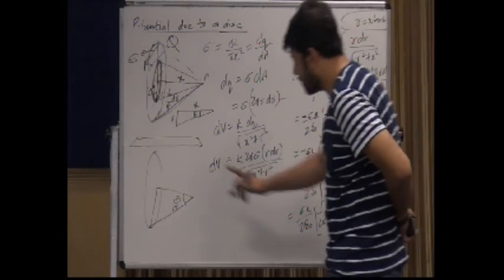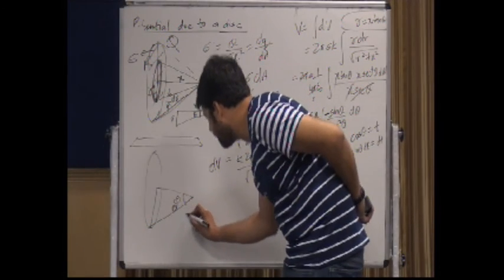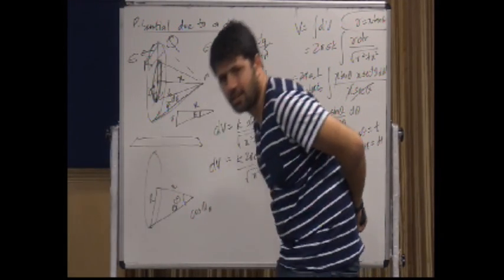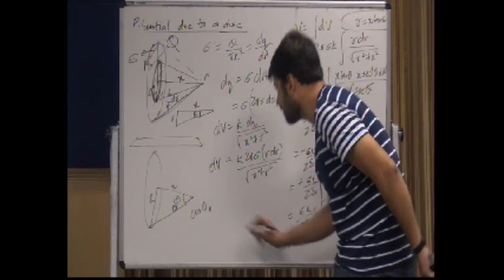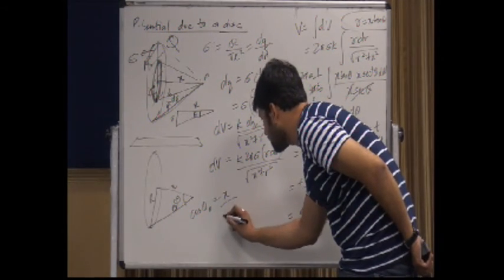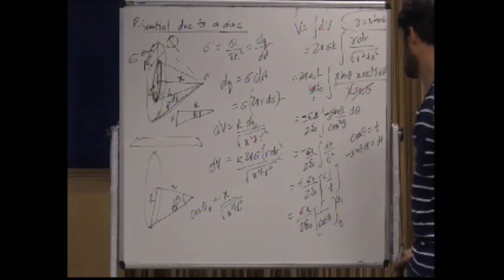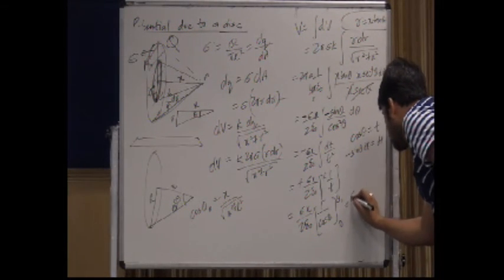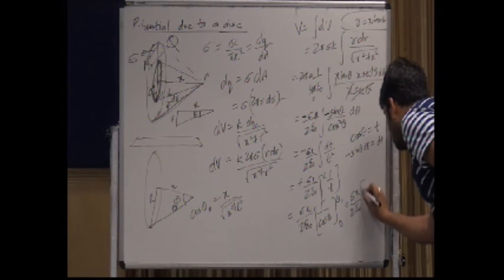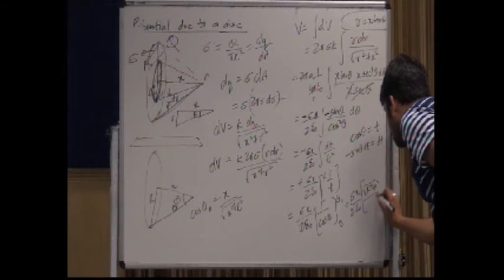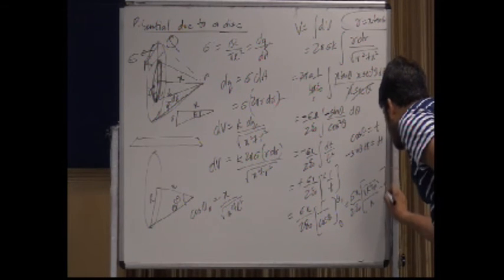For the biggest possible angle, let's find cos theta naught. Cos theta naught, this is x, this is capital R. Cos theta naught would be x upon under root x square plus r square. So the answer would be sigma x upon 2 epsilon naught minus 1.